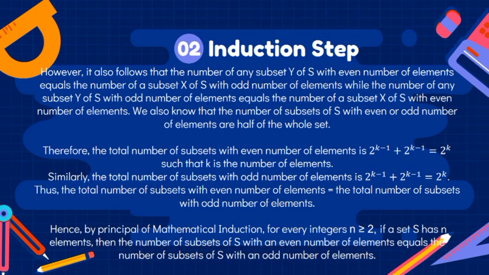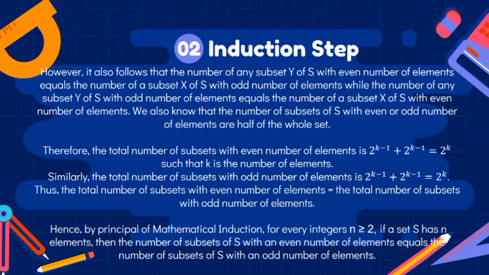In fact, we also know that the number of subsets of S with an even or odd number of elements are half of the whole set. Therefore, the total number of subsets with an even number of elements is 2^(k-1) plus 2^(k-1) equals 2^k, such that k is the number of elements. Similarly, the total number of subsets with an odd number of elements is 2^(k-1) plus 2^(k-1) equals 2^k.